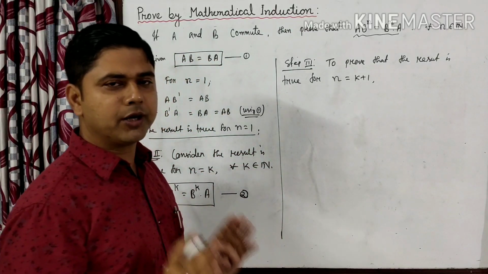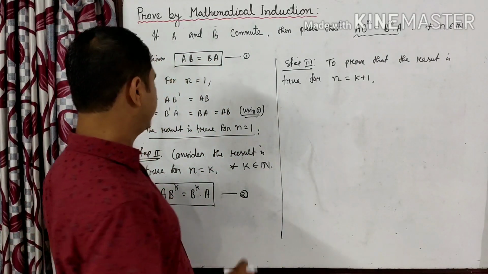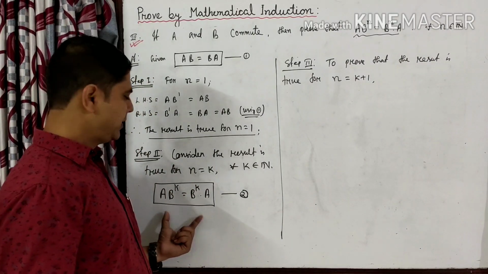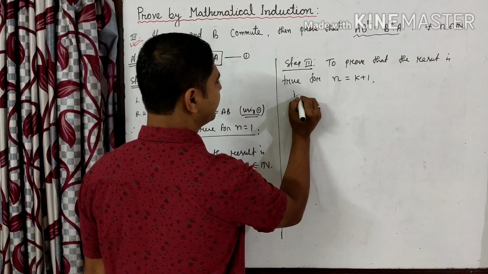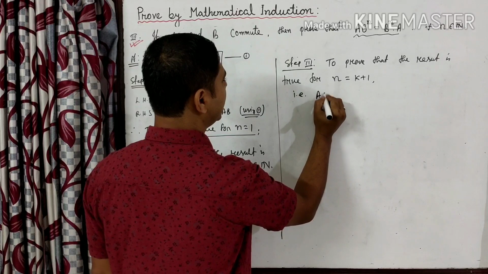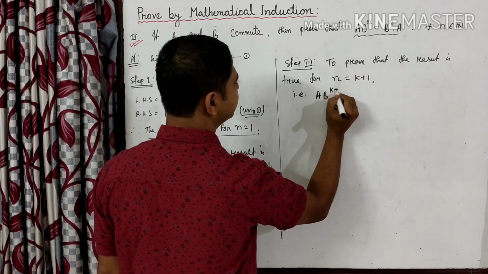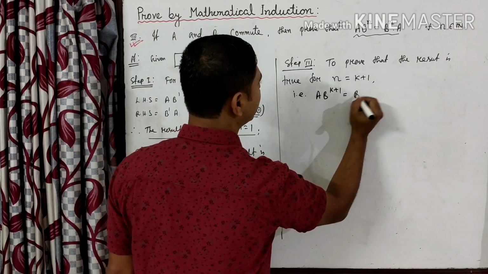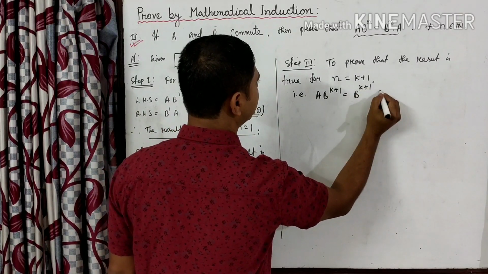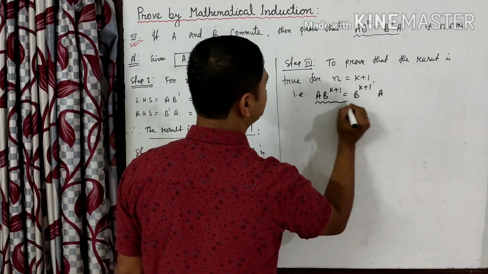We prove it for n equal to k plus 1 with the help of the second step, that is this one. That is, you have to prove A into B to the power k plus 1 is equal to B to the power k plus 1 into A. That means you have to prove it.